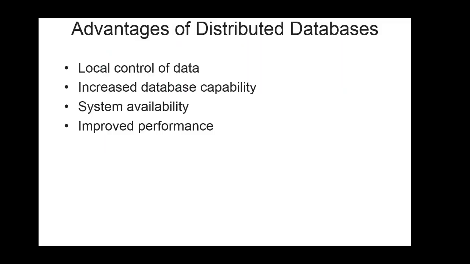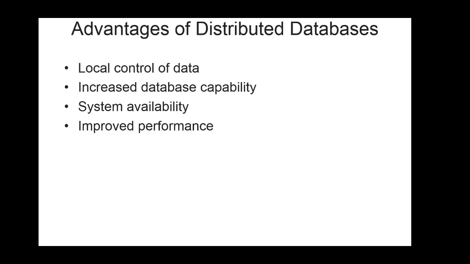So let's look at some of the advantages of distributed databases. First, there is local control of data. Because each location retains its own data, a location can have greater control over the data. With a single centralized database, on the other hand, the central site that maintains the database is normally unaware of the local issues of various sites.